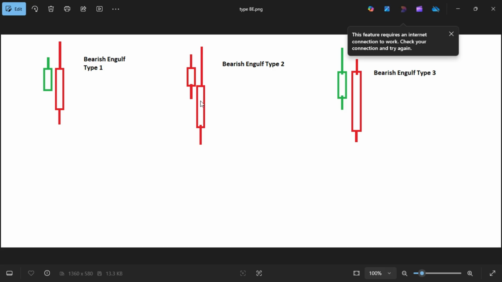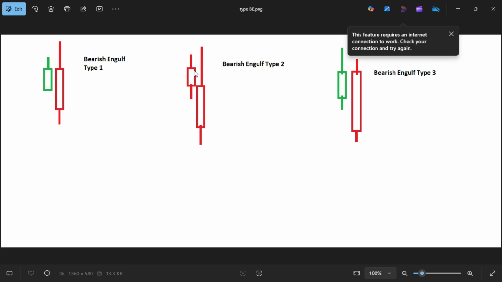As you can see, this candlestick here closed at the open of this candlestick here, and this shadow here engulfs the whole body except for this shadow on the bottom.